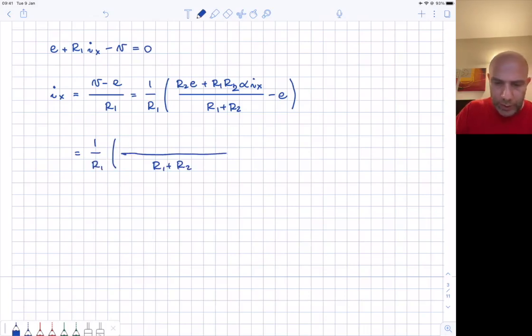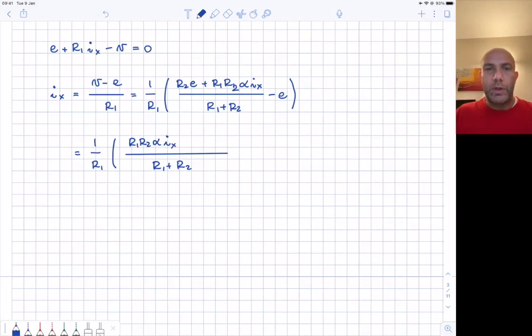Let's first consider the term with alpha, so we have R1 R2 alpha Ix, and then for the term with the voltage generator E, we have R2 E minus R1 E minus R2 E. So the only term that is left is minus R1 E. We can then simplify 1 over R1 with the R1 that we have at the numerator.